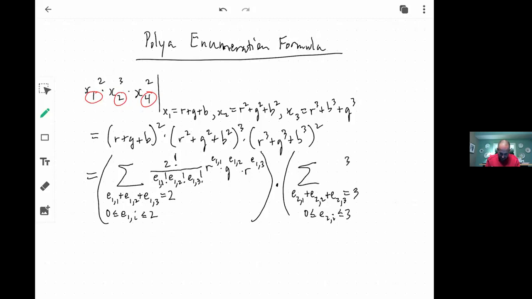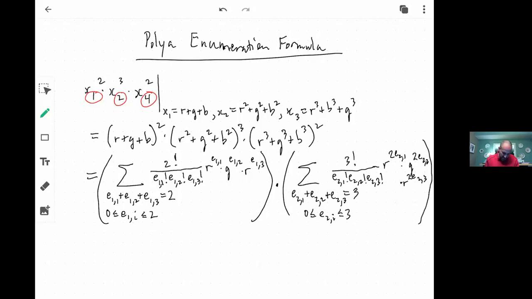And this is going to be 3 factorial over E2,1 factorial, E2,2 factorial, E2,3 factorial. And it's going to be r to the 2 E2,1 times g to the 2 E2,2 times r to the 2 E2,3.